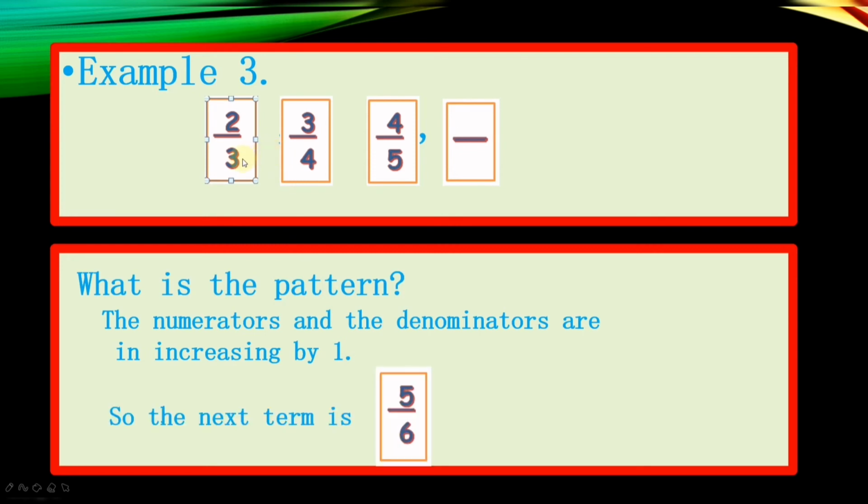So the next term is 5/6. 2 plus 1 equals 3. 3 plus 1 equals 4. 4 plus 1 equals 5. As simple as that, because the numerators and the denominators are increasing by 1.